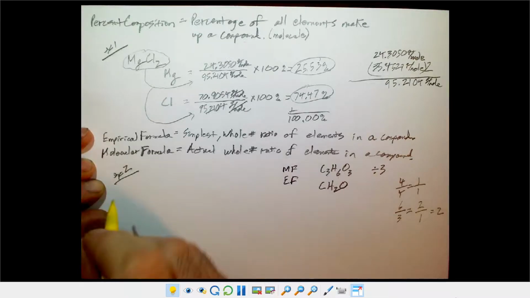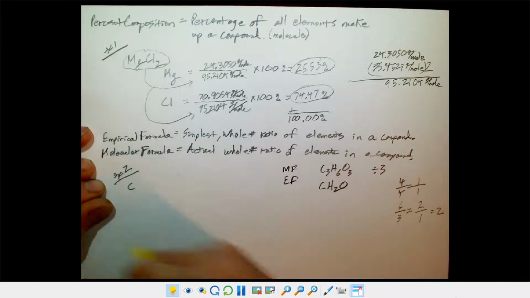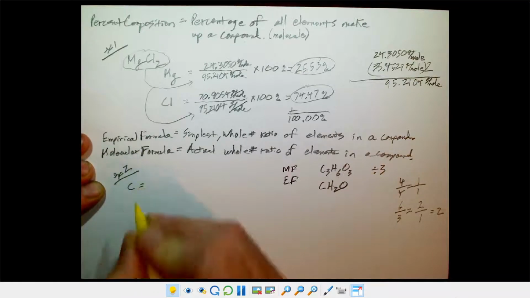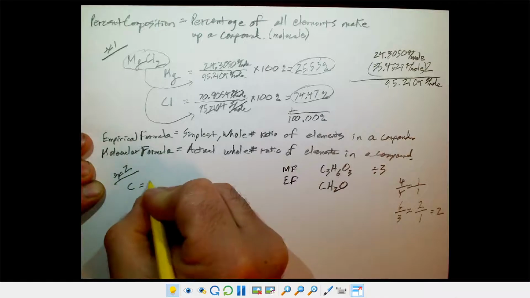Let's say that you already know what the percentages are for these compounds. You've already gone through this math and done that. So you know that the amount of carbon, and this is just an unknown compound, is equal to 40%.